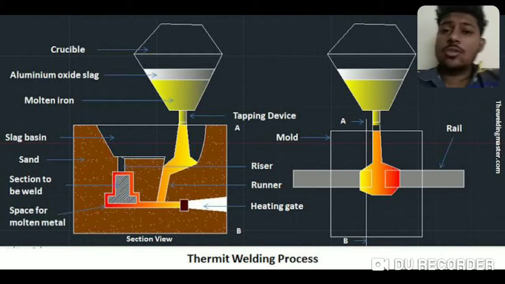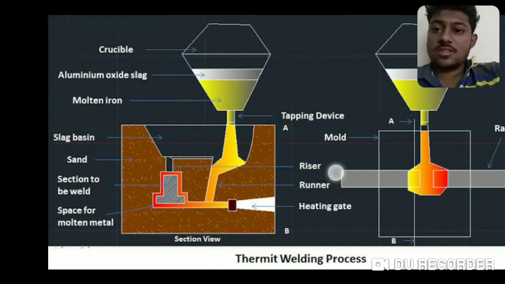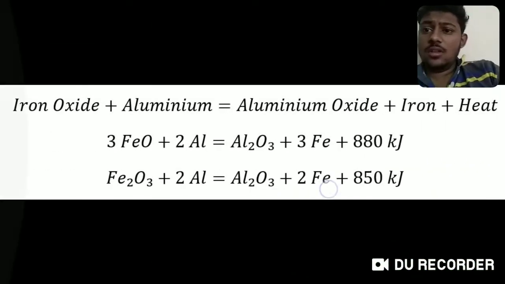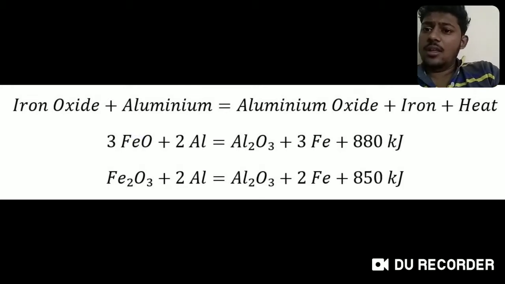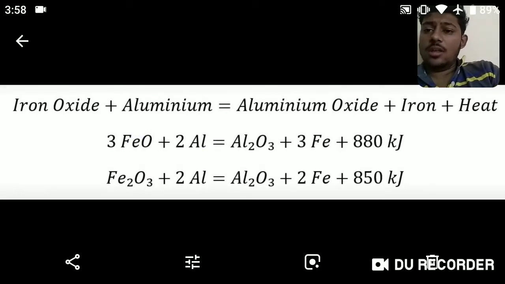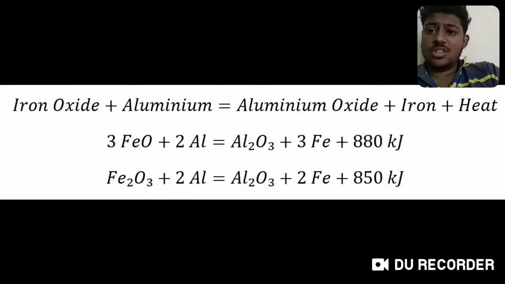Now let us go towards the chemical reaction which produces this immense amount of heat. When the thermite mixture used is aluminum and iron oxide, this is the chemical reaction. You take iron oxide and add aluminum to it. After igniting the mixture, a replacement reaction happens.